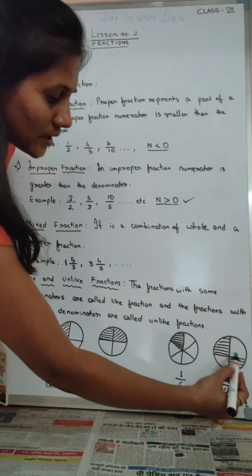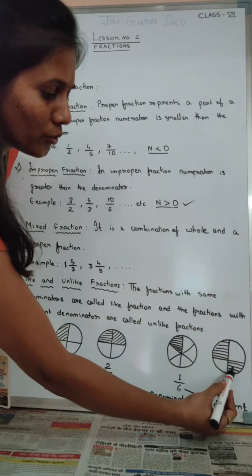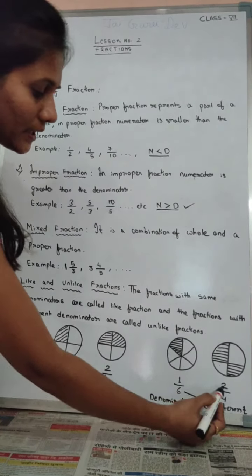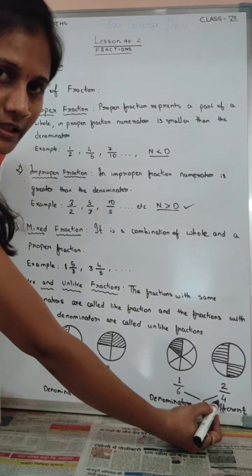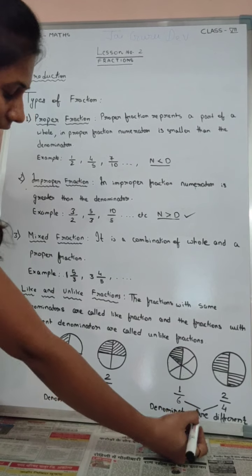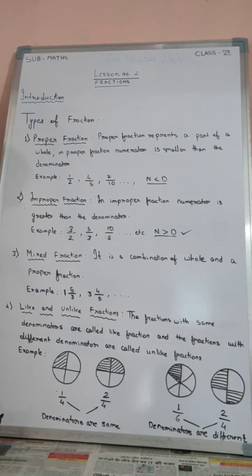And for the second circle, the fraction is 2 by 4, because out of 4, 2 parts are shaded. So here you can notice that the numerator is different but the denominator is also different. So if the denominators are different, then we can say the fractions are unlike fractions.